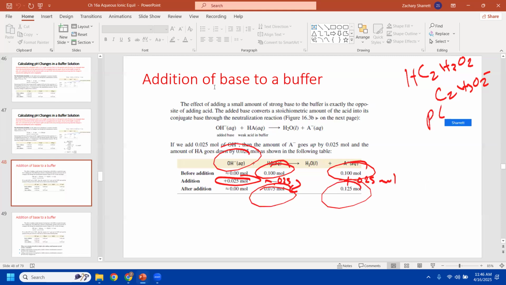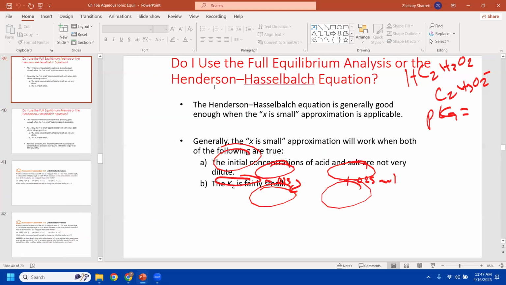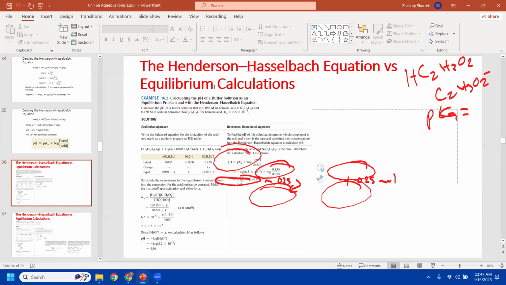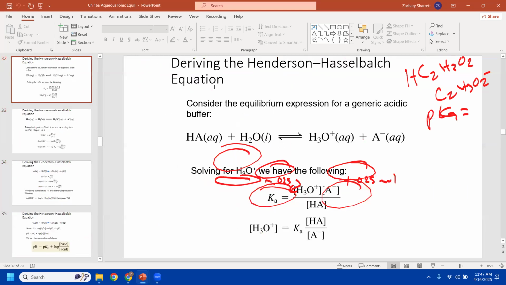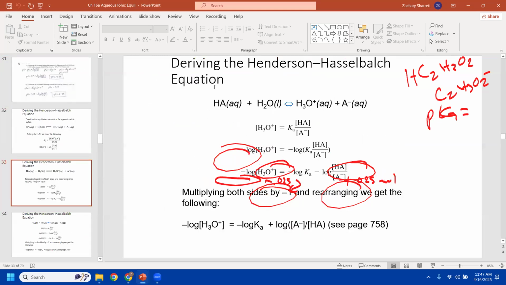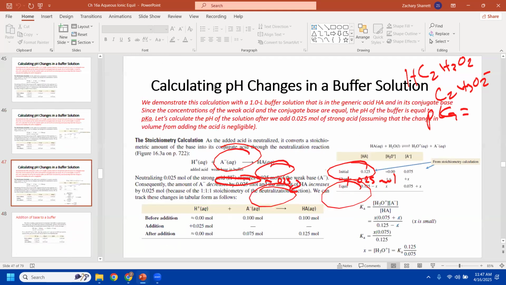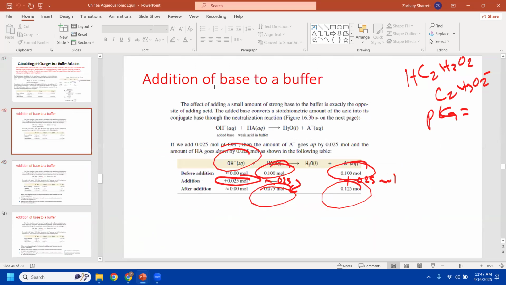What was the pKa of acetic acid? Was that the 3.91? Was it 3.18? No, that's hydrofluoric acid. It's 4.74.